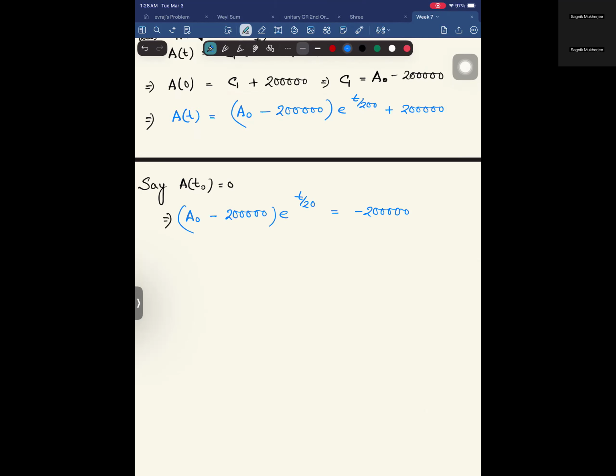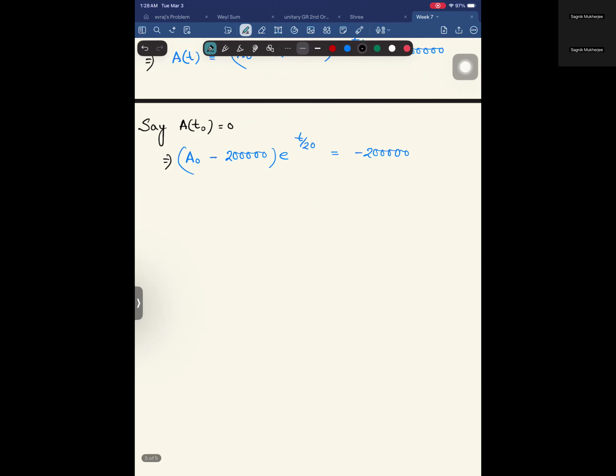Now inspect this expression very carefully. If A0 is less than 200,000, what happens then?